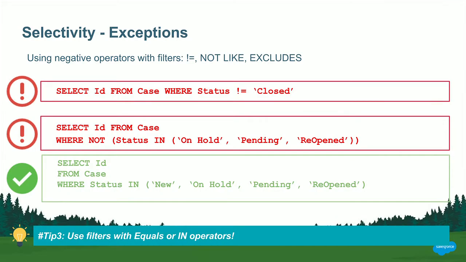Another exception is using negative operators with filters like not equal to, distinct, not like, exclude, etc. That is another thing that makes Salesforce stop considering using your index to execute your query. Retaking our book index analogy, think that you are looking for a chapter whose value is distinct from some value.